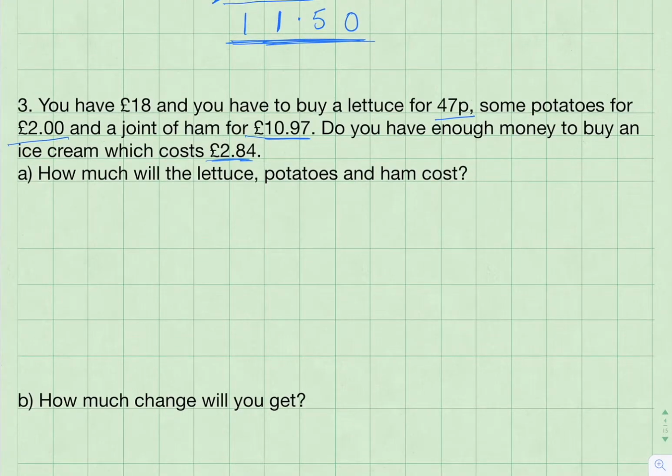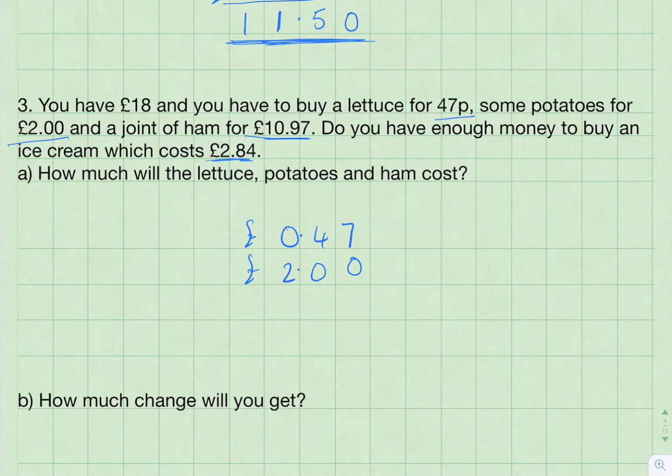Let's add up how much money the lettuce, potatoes and ham are going to cost. So the lettuce, 47p, which we'll have to express in pounds, so 0.47 pounds. Some potatoes for £2 and a joint of ham for £10.97.